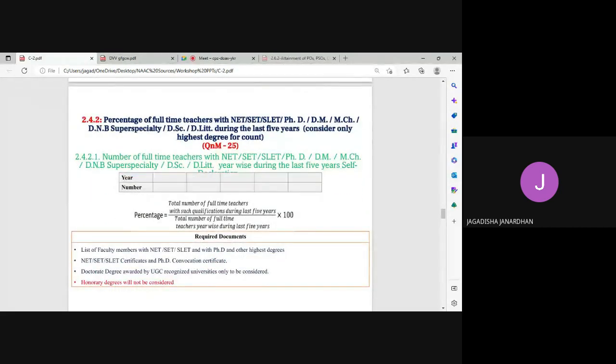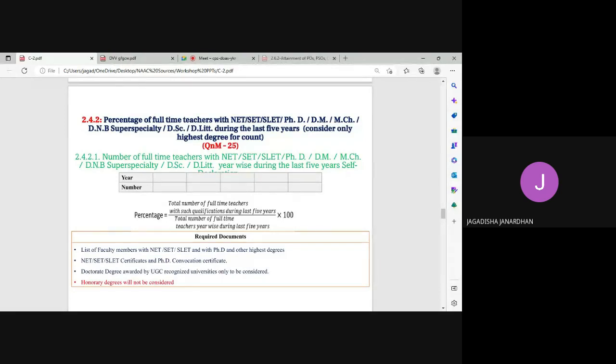The next and last portion of key indicator 2.4 is the metric 2.4.2, percentage of full-time teachers with NET, SET, SLET, or PhD, or any other degrees they have mentioned.